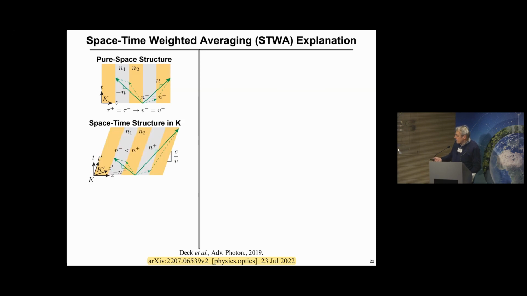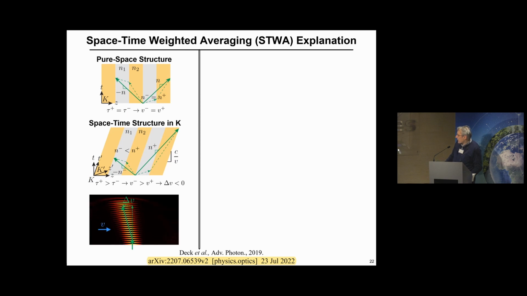Now, if you have a space-time medium, you have the same slopes and velocities in the two media, because nothing happens in the media, but the medium is tilted. As a result, the wave spends a much longer time in the forward direction than the backward. So the backward is faster, okay? And that's the reason why we have this very unexpected deflection.